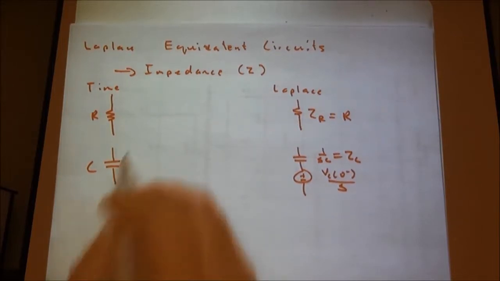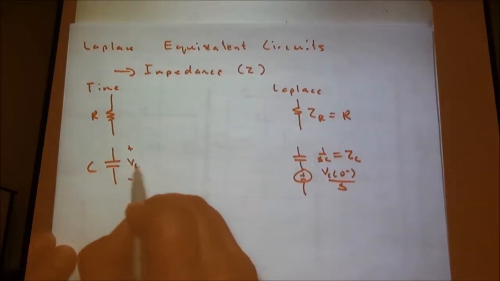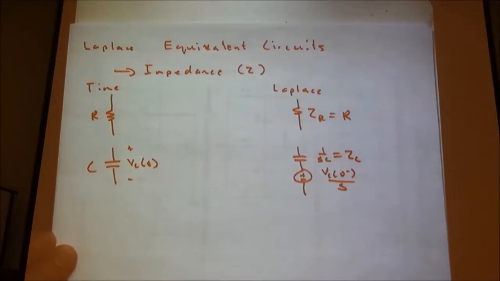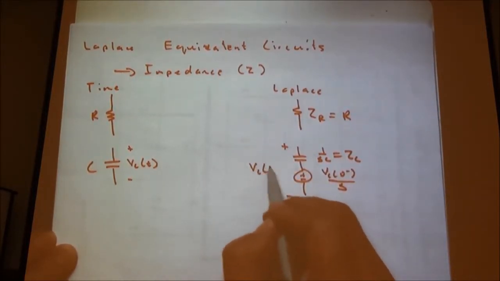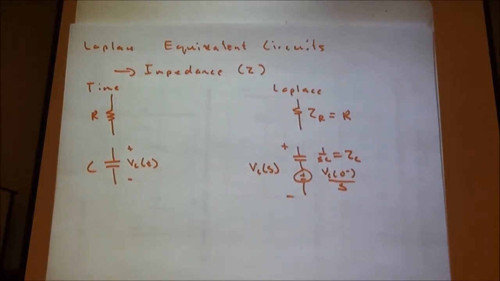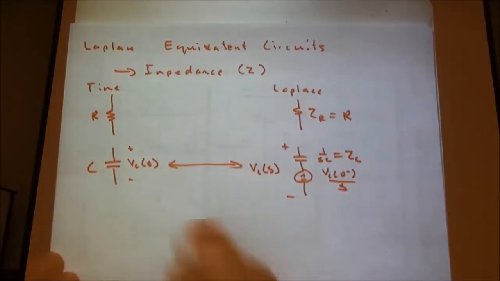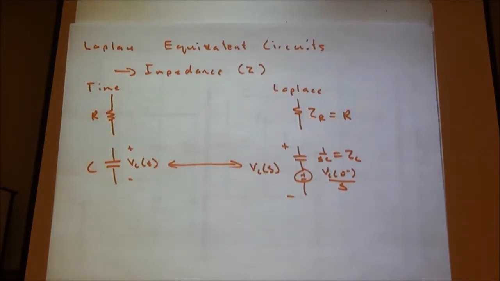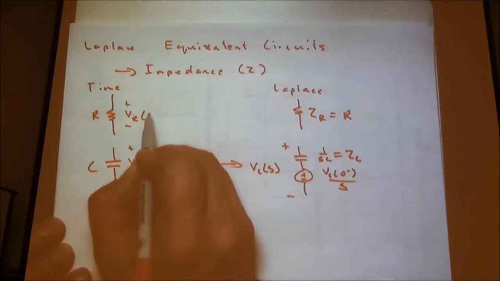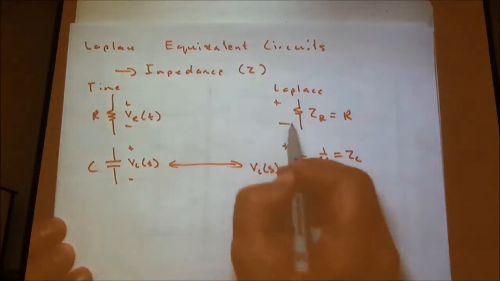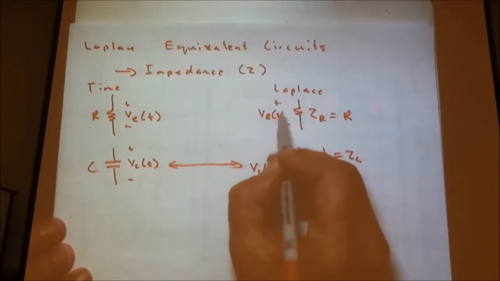A quick reminder here, this is the voltage across our capacitor as a function of time, and this is the equivalent voltage, VC of S. So these are one to one, and that includes the initial condition term. Now everything becomes a little bit more trivial when the initial conditions are 0, of course, but this is the more complete situation. We could add VR(t) here, which is just, again, the simpler scenario.